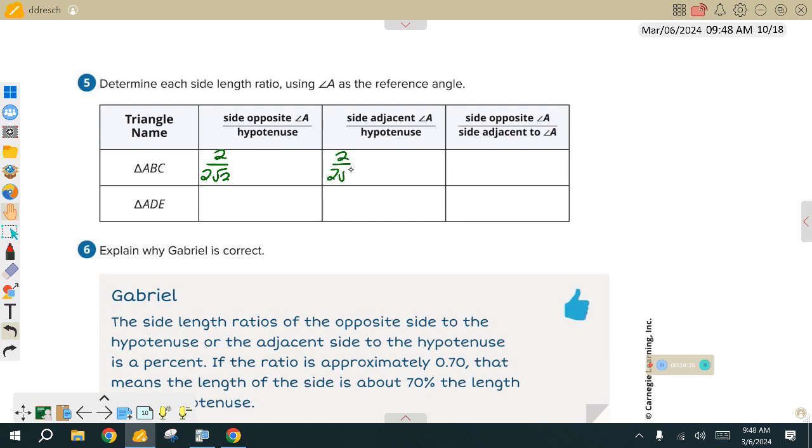And the second one? 2 over 2, which is 1. Second one, ADE, what do we got? 1 over 2. Okay, I saw them. 1 over root 2. Next one. All right, and last one. Cool. That looked great.